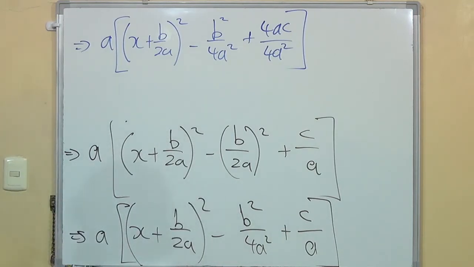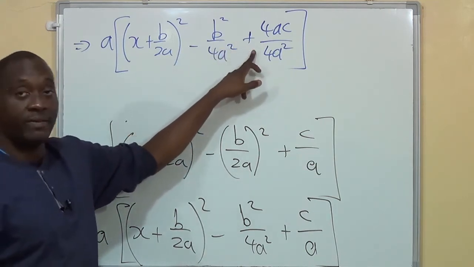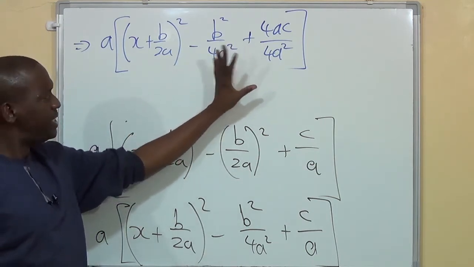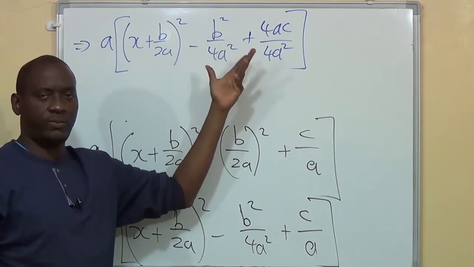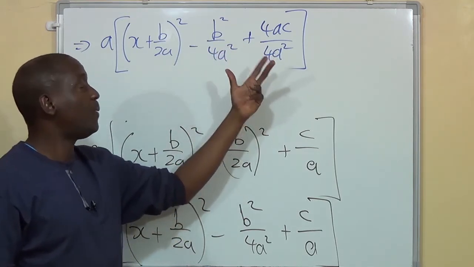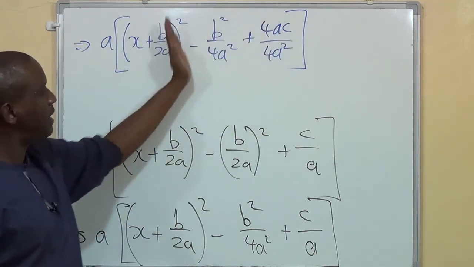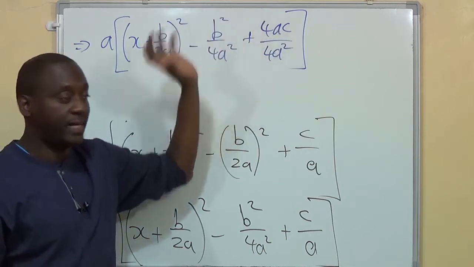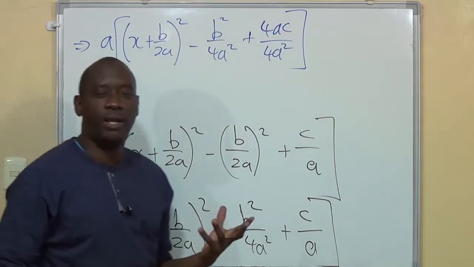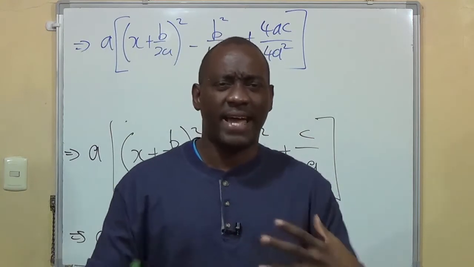Now, at this point, you have a minus sign in front here, and you have a positive sign in front here. The easiest thing to do, there are other things you could do, which I wouldn't even try to go into now, is put the positive term in front and put the negative term behind. That way you remove all ambiguity as to what to do with the sign.